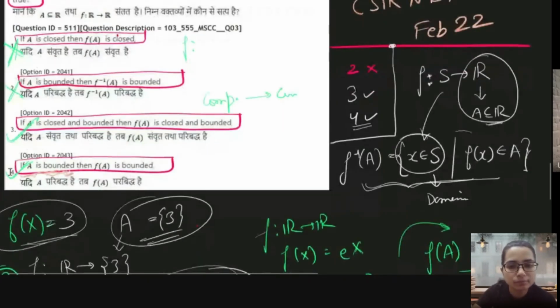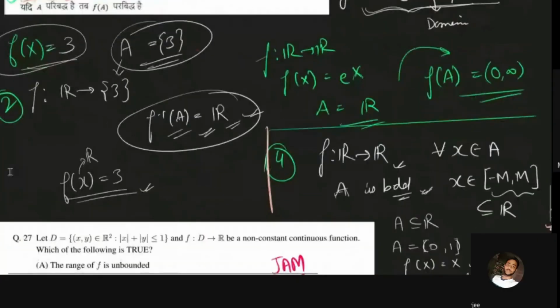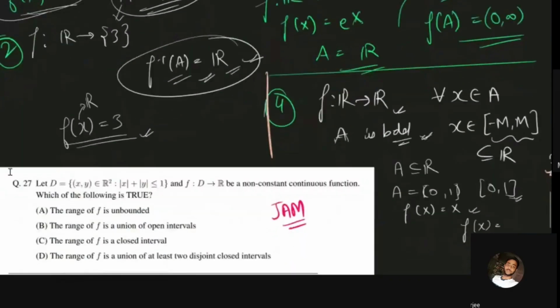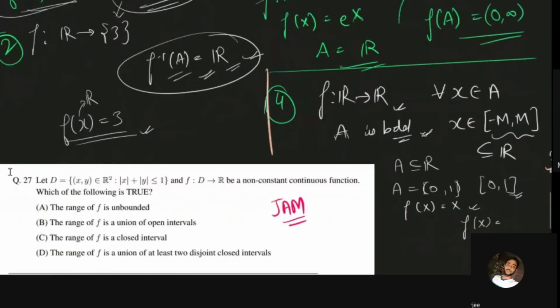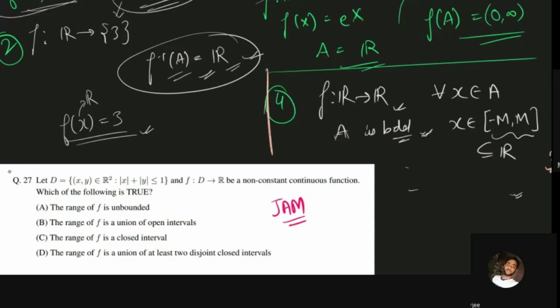A is a bounded set. So the closure of A will be a bounded set as well as a closed set. So the image set of the closure of A will also be a compact set, because the closure of A is a compact set.